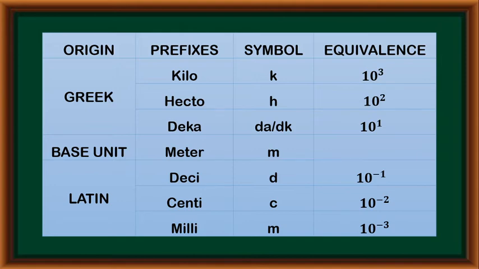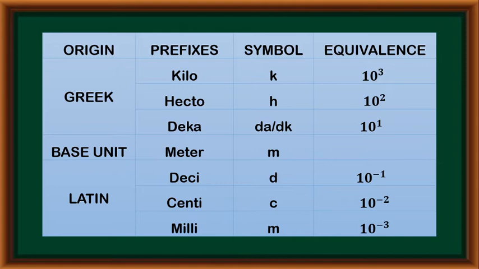It is equivalent to 100 or 10 raised to the second power. And deca, which is in the symbol of small letter da, or you can have dk, that is equivalent to 10. So the base unit is meter for the measures of length, and that is in the symbol of m.